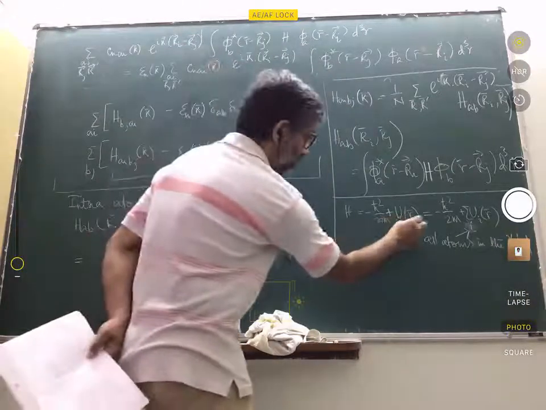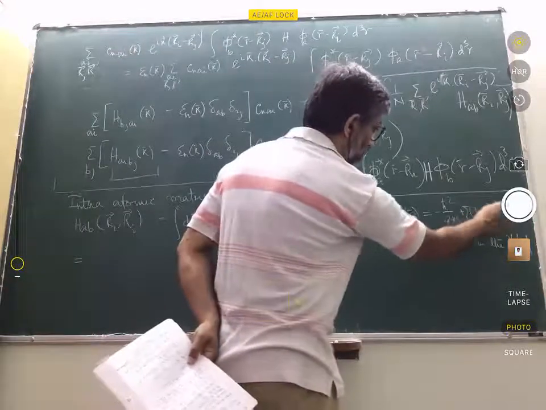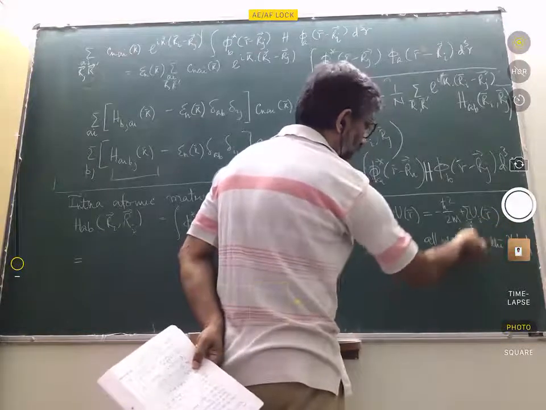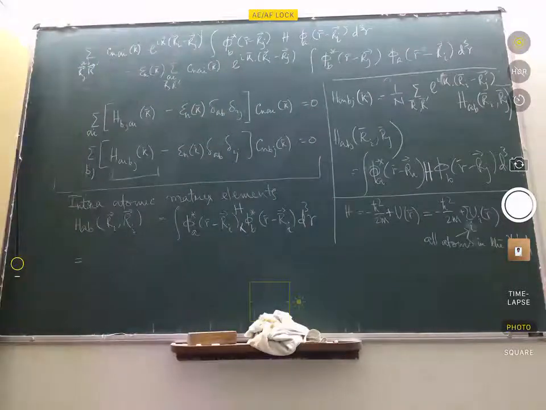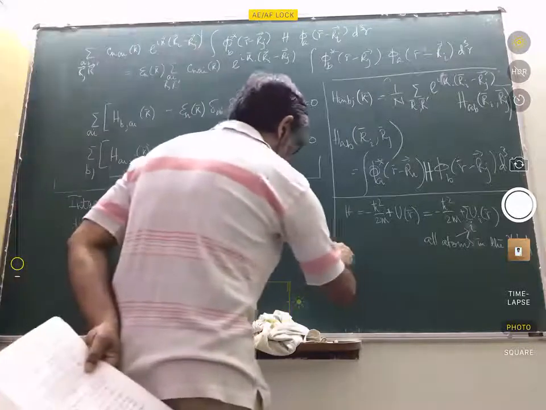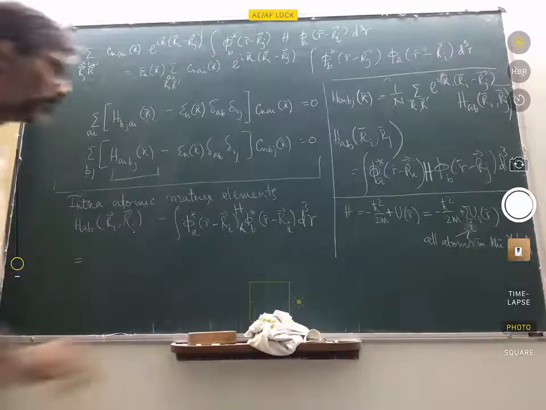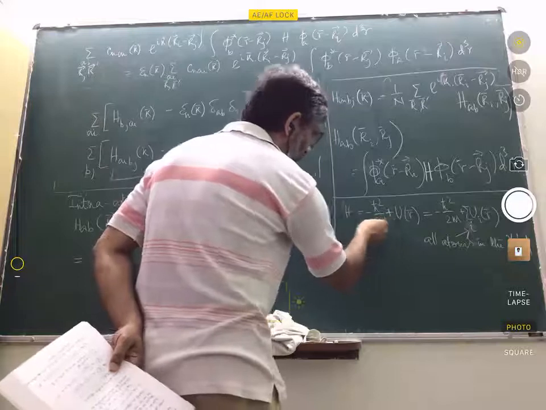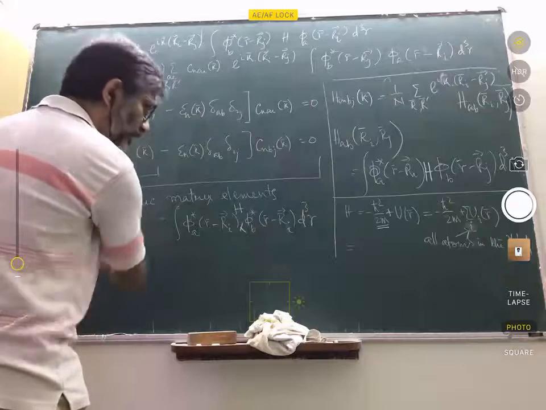So this potential U that an electron experiences is due to all the atoms or all the nuclei that I have in my crystal. So this index I runs over all the atoms in my crystal. Then I can write H as, if I'm looking at the atom sitting at Ri, I take this kinetic part and take out that Coulomb potential of this particular atom sitting at Ri.